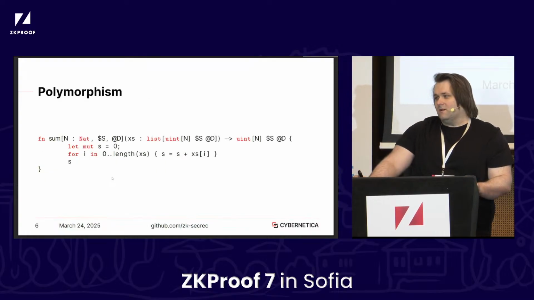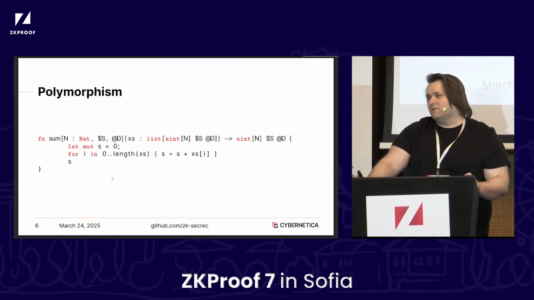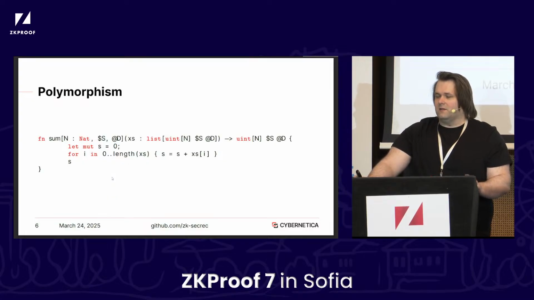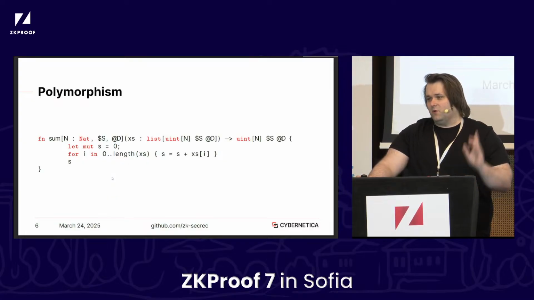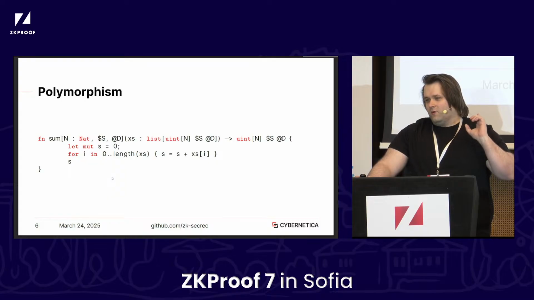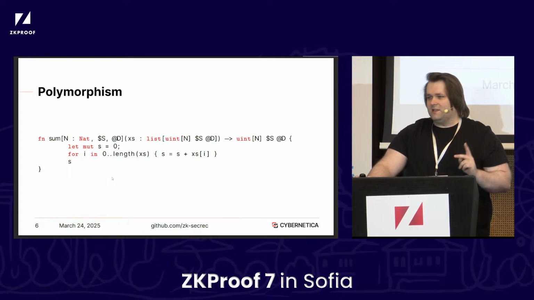Some of the difficulties of this kind of larger type system can also be hidden away quite easily from the programmer by using polymorphism and inference. In this case, we have polymorphism over the field, the stage, and the domain.